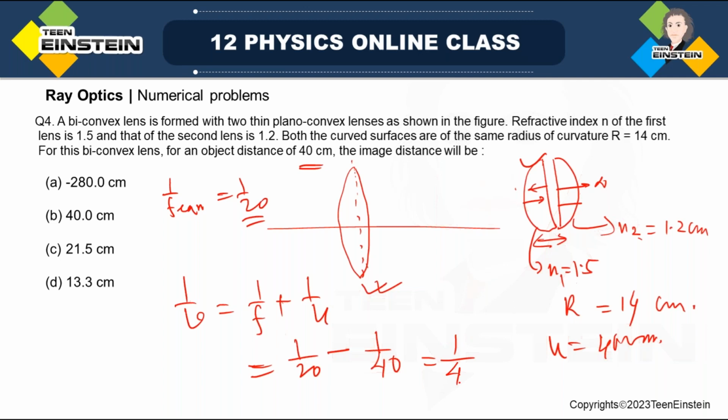So 1 over 40 over here. That means the image will be formed at 40 centimeter, which is the given option.